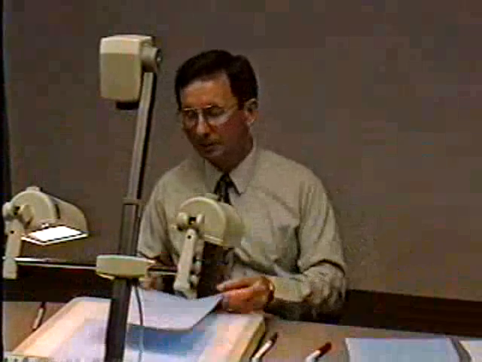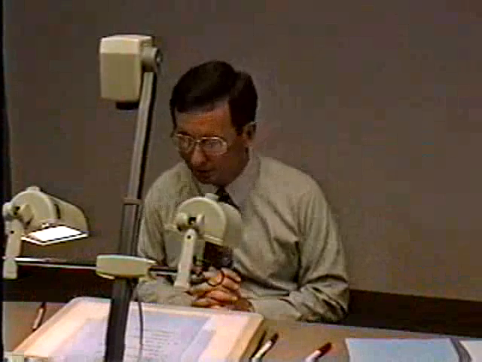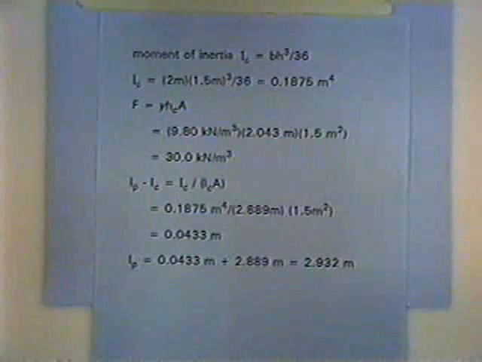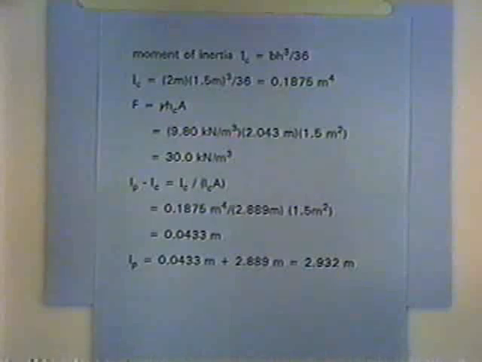Another thing we'll need to plug into our equation is the moment of inertia, and so we plug in the base, the width of the triangle is 2 meters, and the height of the triangle is 1.5 meters, and we cube that and divide by 36, and notice the moment of inertia comes out in units of meters to the fourth power, the 0.1875 meters to the fourth power.